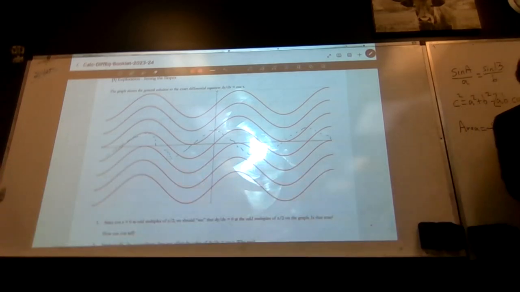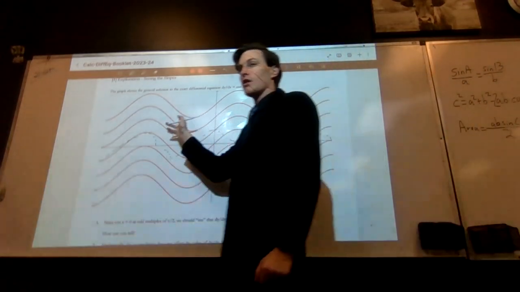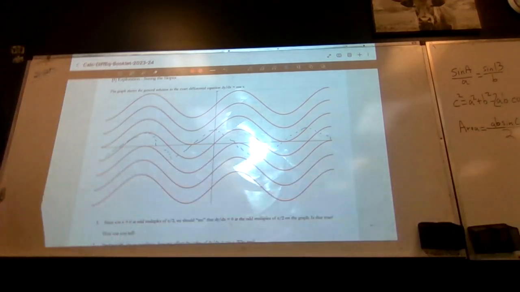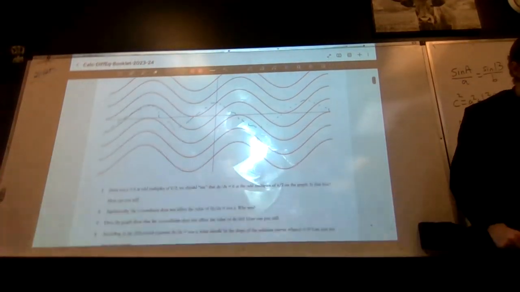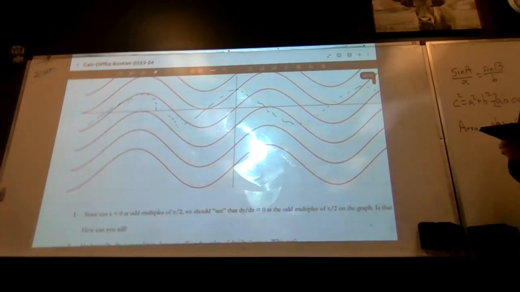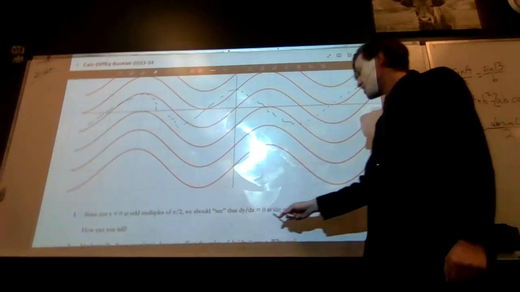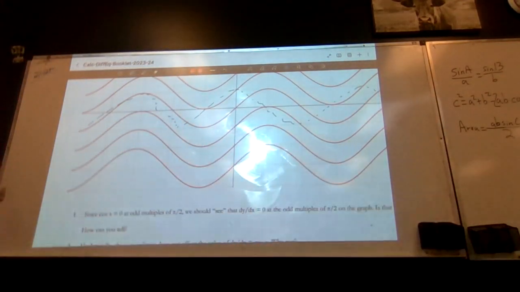So what is this graph representing? Well, this graph right here is representing our slopes. Let's go ahead and look at the question. Since cosine x equals 0 at odd multiples of pi over 2, we should see that dy over dx equals 0 at odd multiples of pi over 2 on the graph.